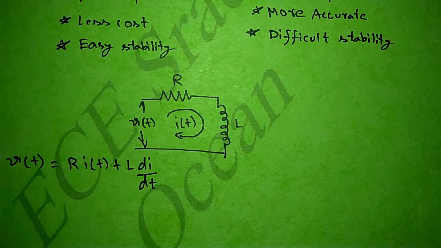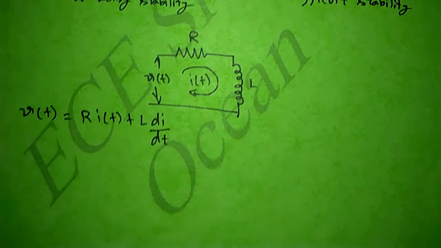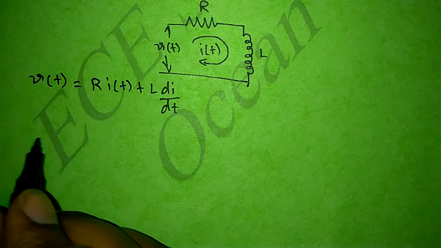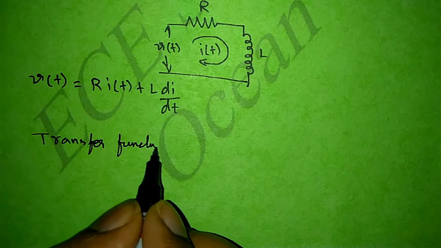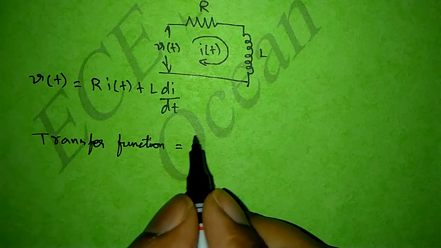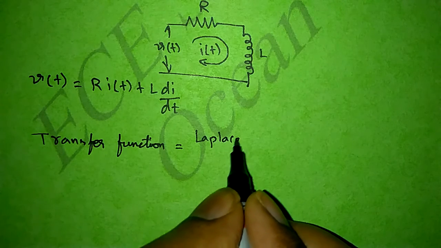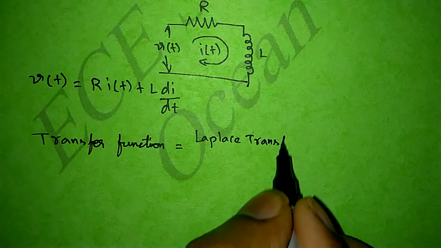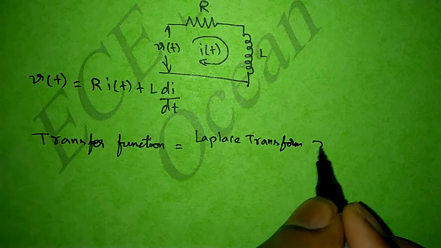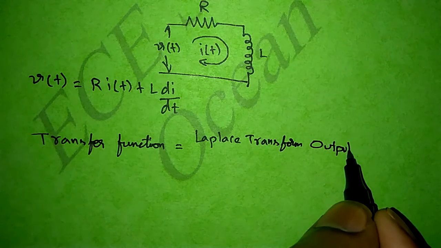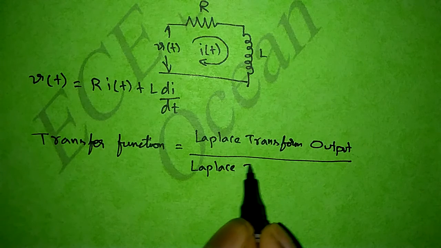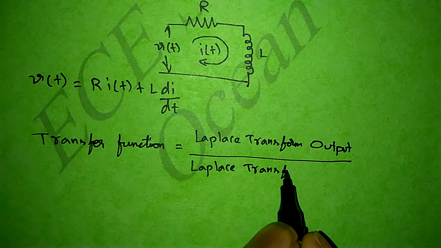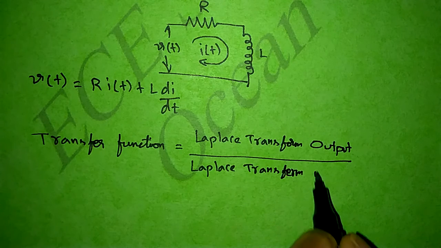In control systems, there is an important parameter called transfer function, which is the ratio of the Laplace transform of output to the Laplace transform of input.